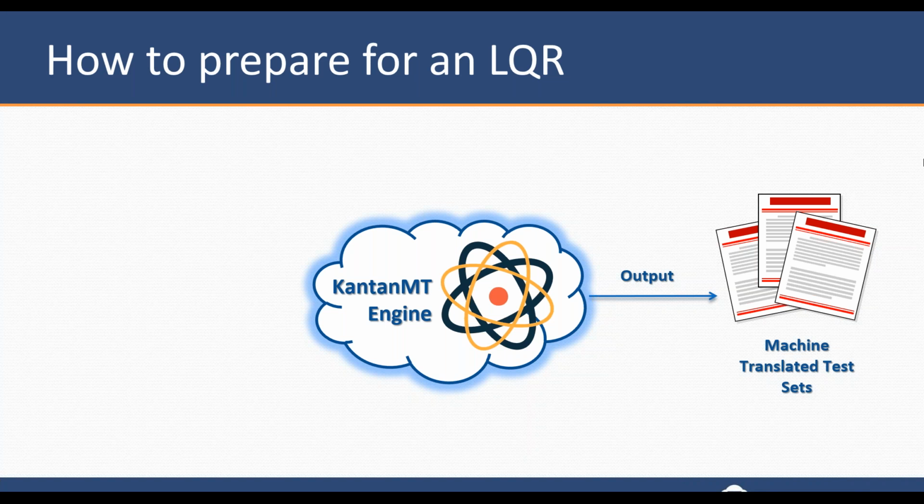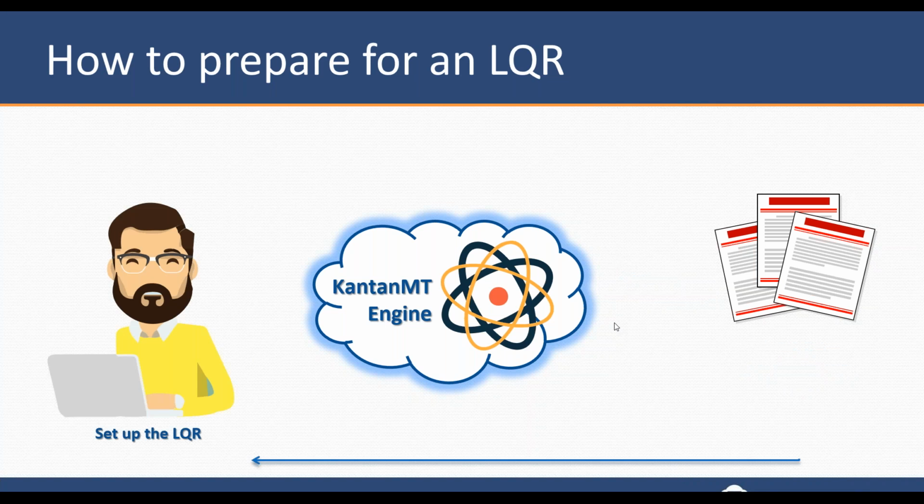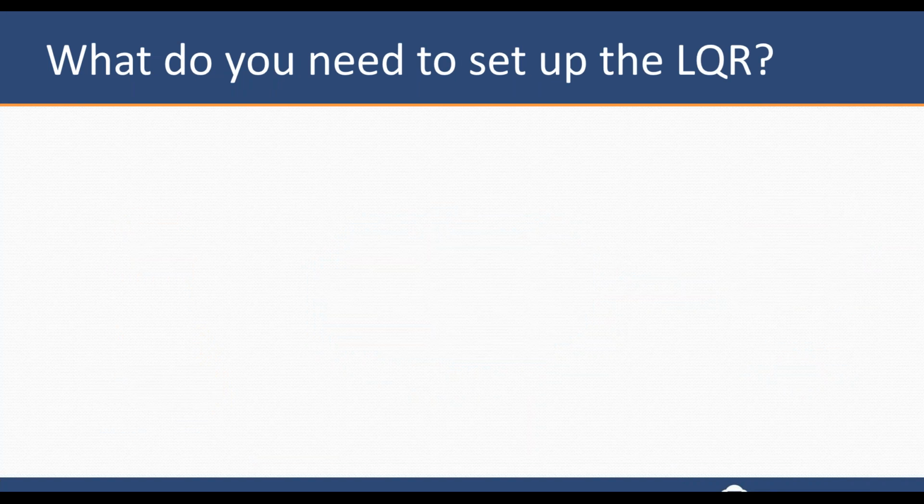And then we have the translated files. So when we have the files translated, what we do is we set up the LQR. We send that to our post editors to go through all the segments and to check the quality and the different aspects of the translation to see how we can improve the engine.